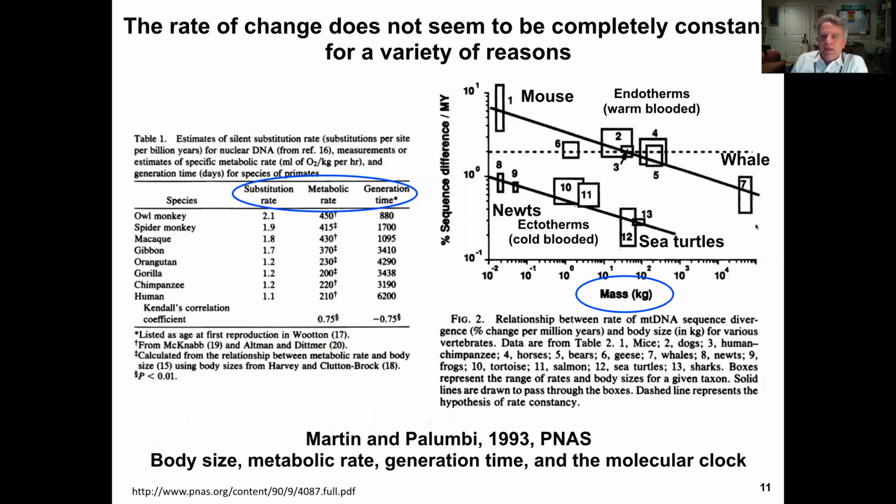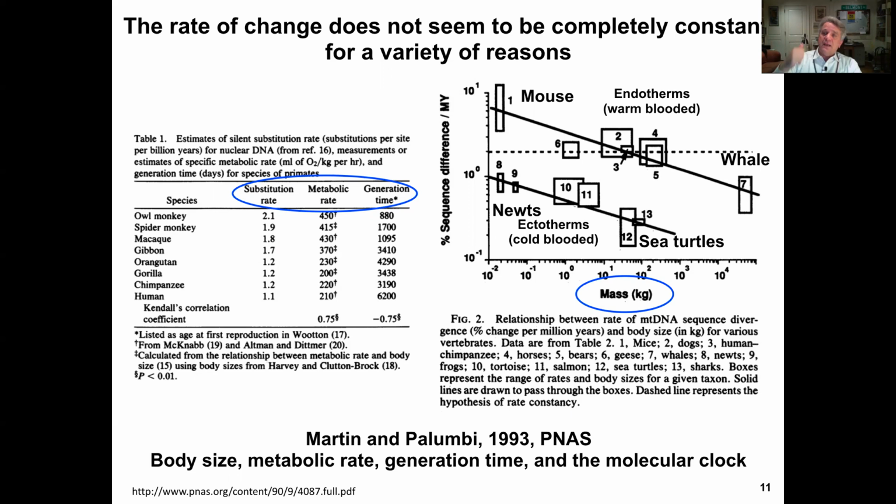Okay, now the rate of molecular evolution among these lineages, it's one thing to say it's not uniform. It becomes a really interesting question to ask why it's not uniform. And there seems to be a variety of reasons. So two factors that seem to be associated with rates of molecular evolution are generation time and metabolic rate.